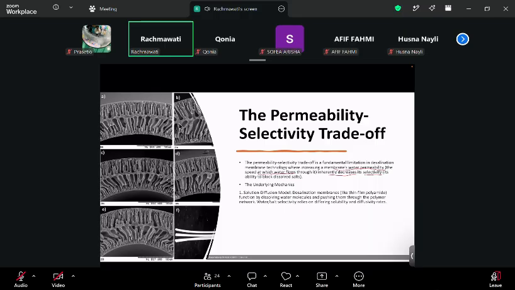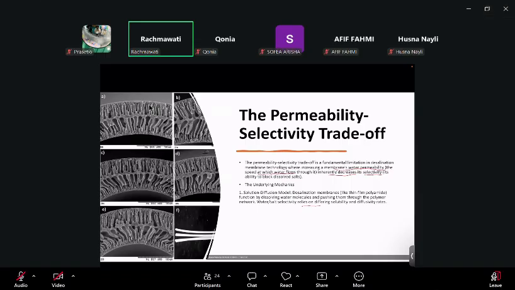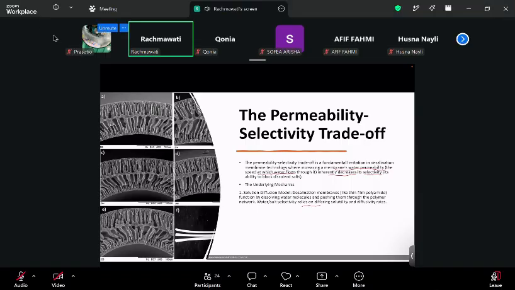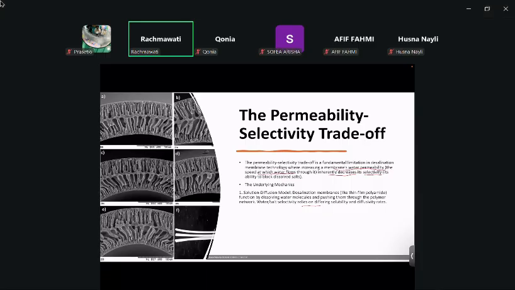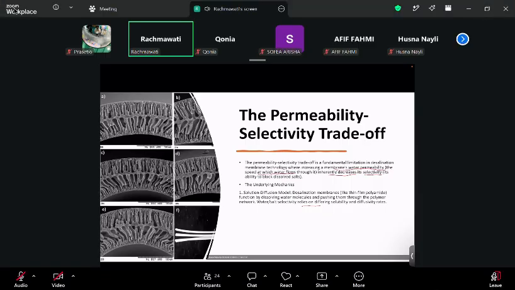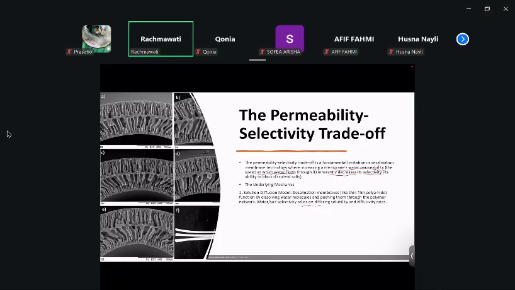But the water-salt selectivity relies on differing solubility and diffusivity rates. If you have a hydrophilic membrane, you will have a high flux because the water can pass through easily. But you also have a higher permeability to salt, because the salts contain ions, and they can also interact with the membrane. In that case, you decrease the selectivity.